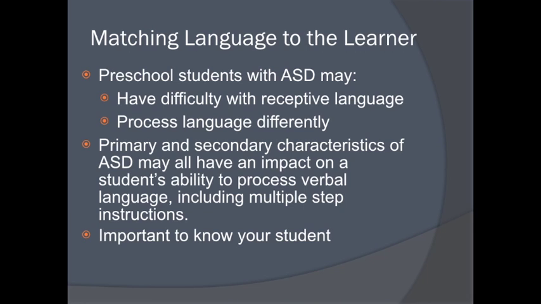Remember from the definition of autism that difficulty with communication is one of the defining characteristics of individuals with ASD. Although we often think of those difficulties as pertaining to children's ability to produce language, the brain-based differences in autism also affect the ability to process receptive language, or the language that we hear or read. This is especially true with abstract language.